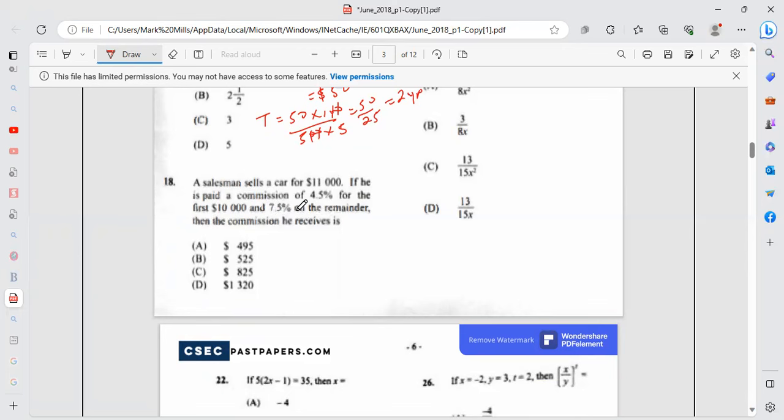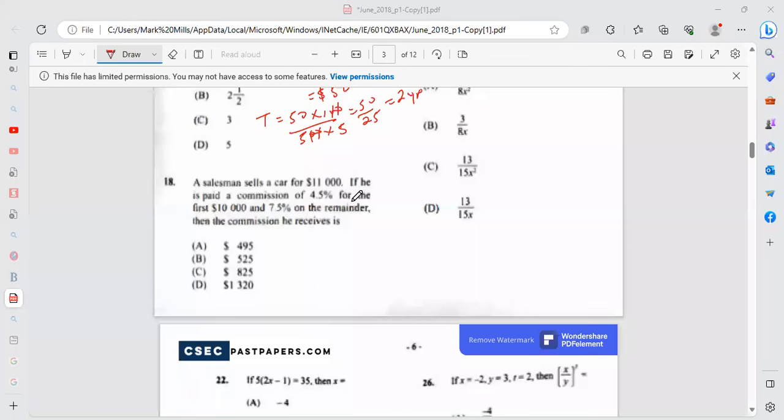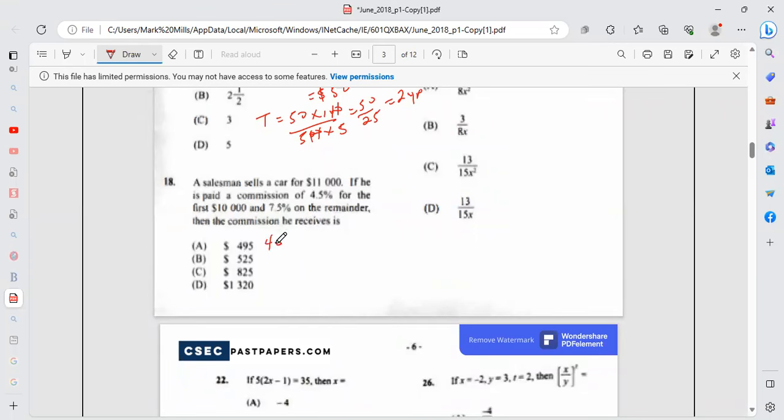What will I do? You find 4.5% first. Oh, sorry.